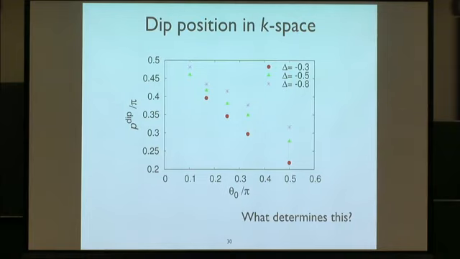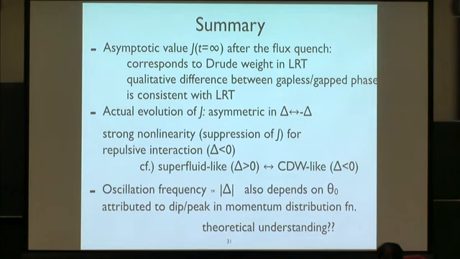So it's roughly linear, and there is some weak dependence on the interaction parameter. But again, I don't know what is determining this. So we have some maybe interesting numerical observations, but largely I don't really understand why those are the case. So maybe you can give me a better idea.